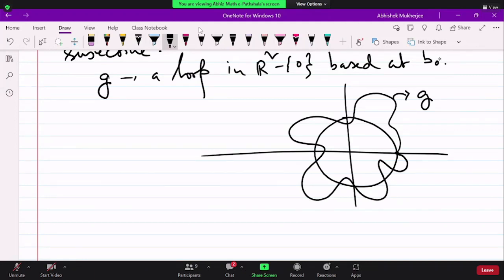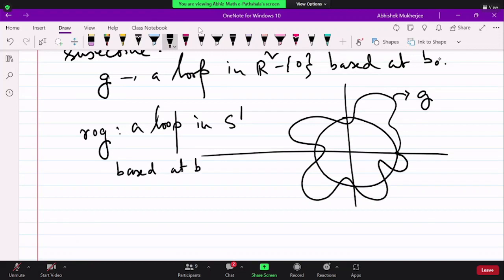By this retraction R. So this R composed G will give you a loop in S1 based at B naught, right? Great. And this loop will do the job in that case.